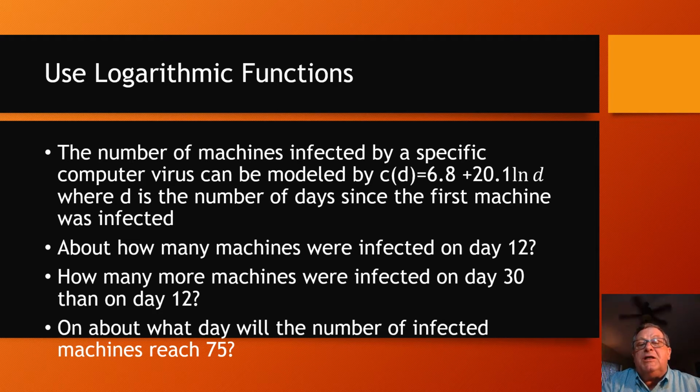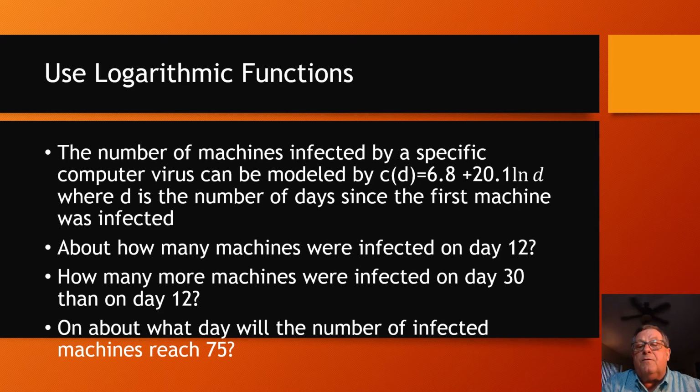The number of machines infected by a specific computer virus can be modeled by C of D equals 6.8 plus 20.1 times the natural log of D, where D is the number of days since the first machine was infected. And then we got three questions here, and we're going to solve these on the calculator.